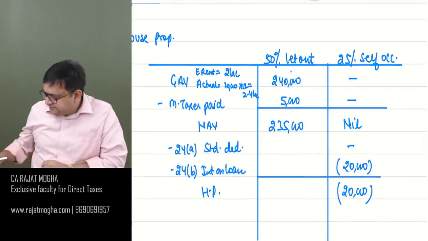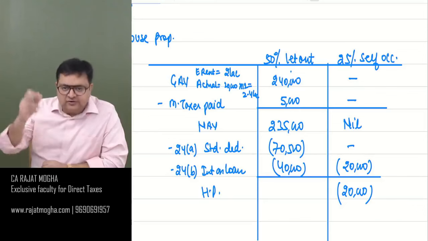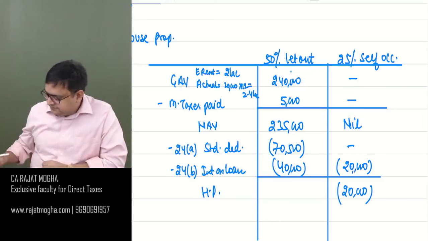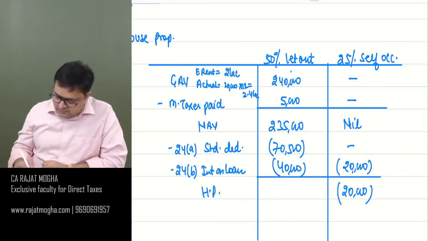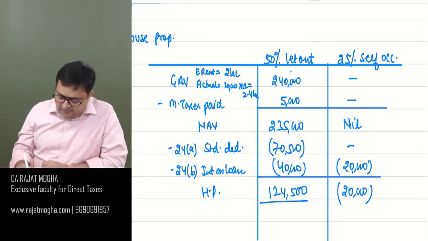Standard deduction 7,500. And interest on loan 40,000. 80,000, 50%, or you can say double of this. One lakh 24,500. Now we have 1,24,500. Correct, Darshni, Aditya? And we have 20,000 rupees loss.